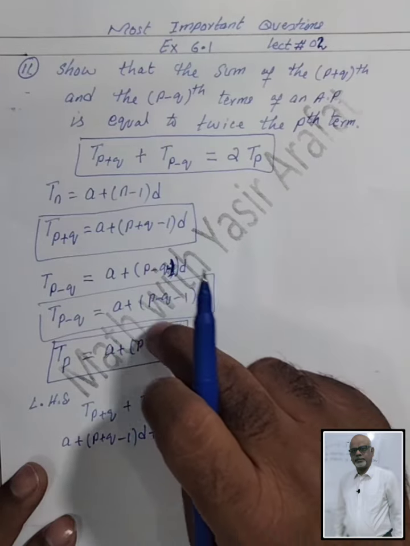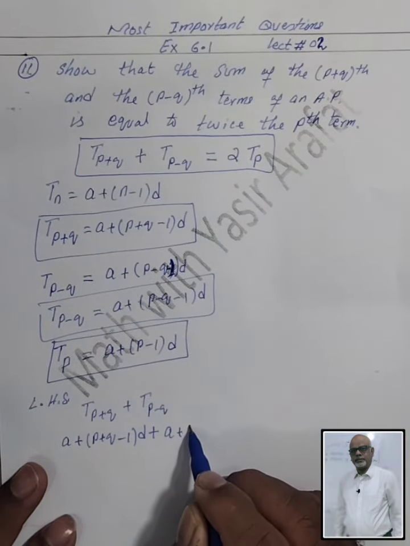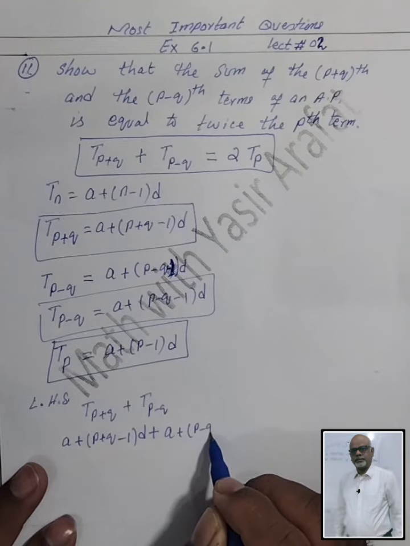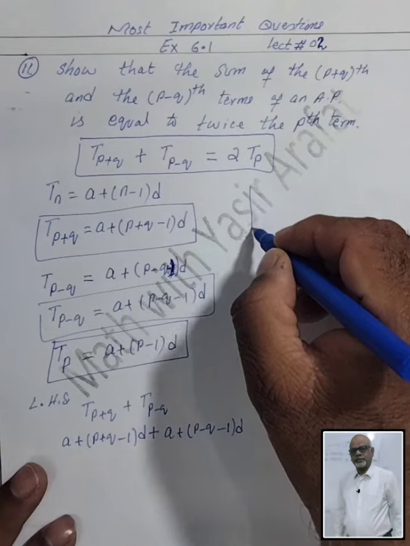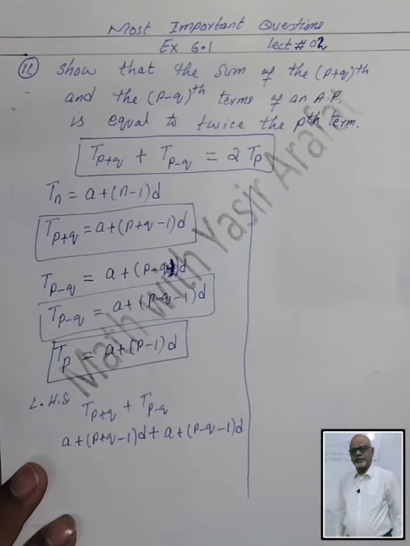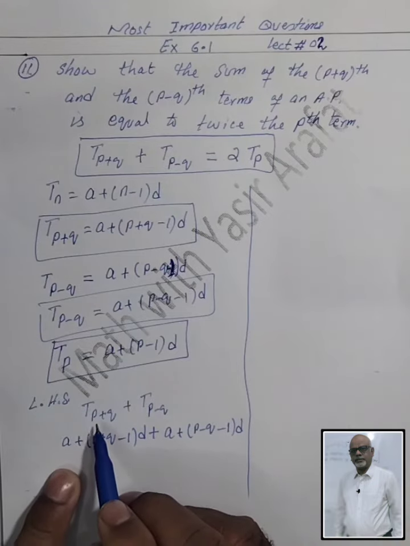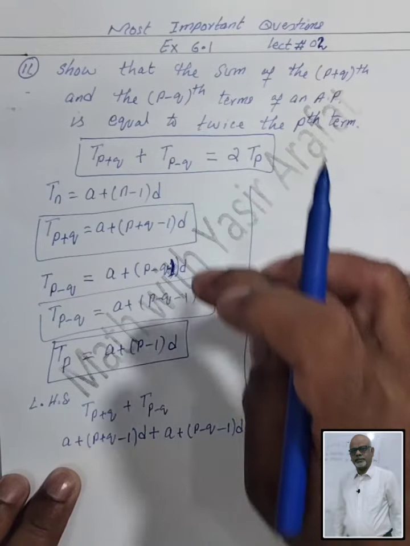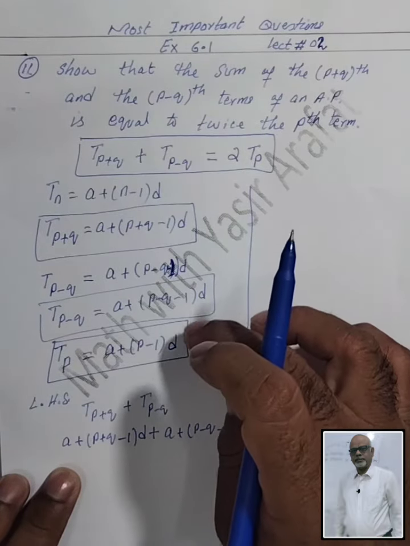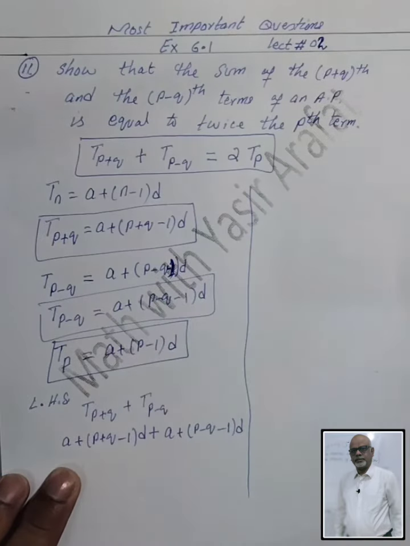And T(p-q) is a plus (p minus q minus 1) into d. Here we just put the value of T(p+q) equal to this one, and T(p-q) equal to this one.